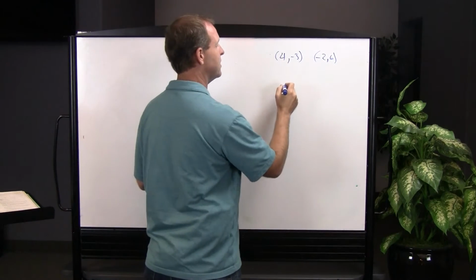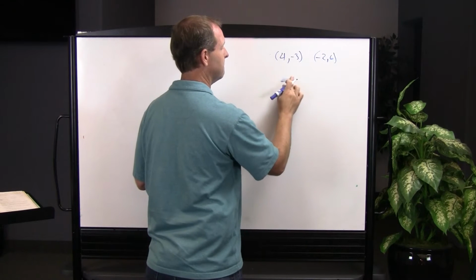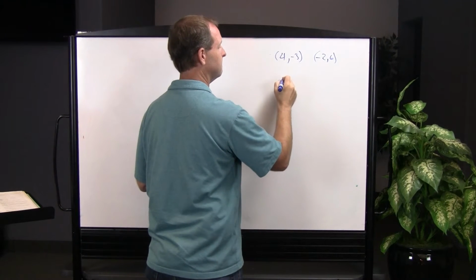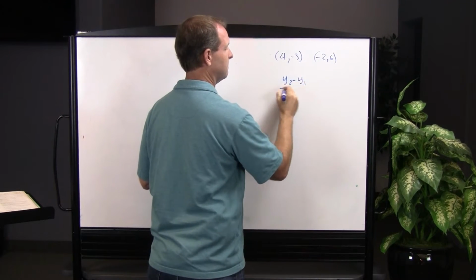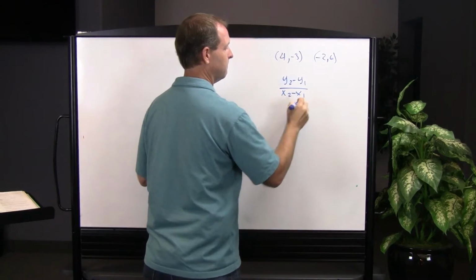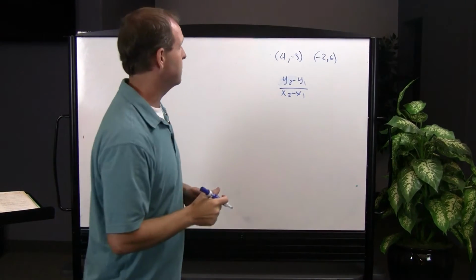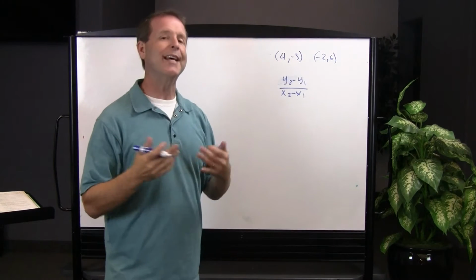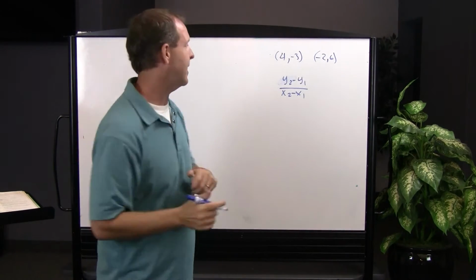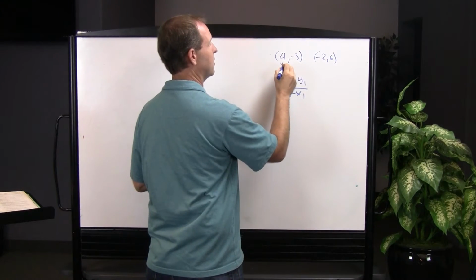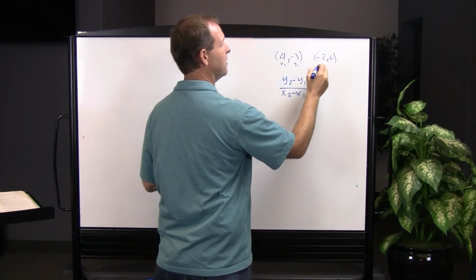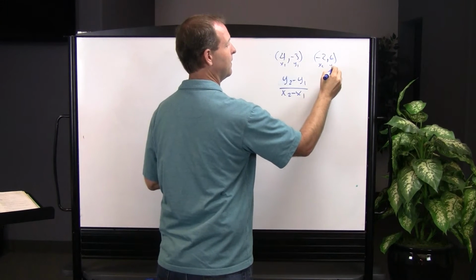And the slope, again, was the change in those y values over its change in its x values. And it doesn't matter which one we designate as our first set of coordinates or our second set of coordinates. So let's make this our x1, make that our y1, make this our x2, make that our y2.